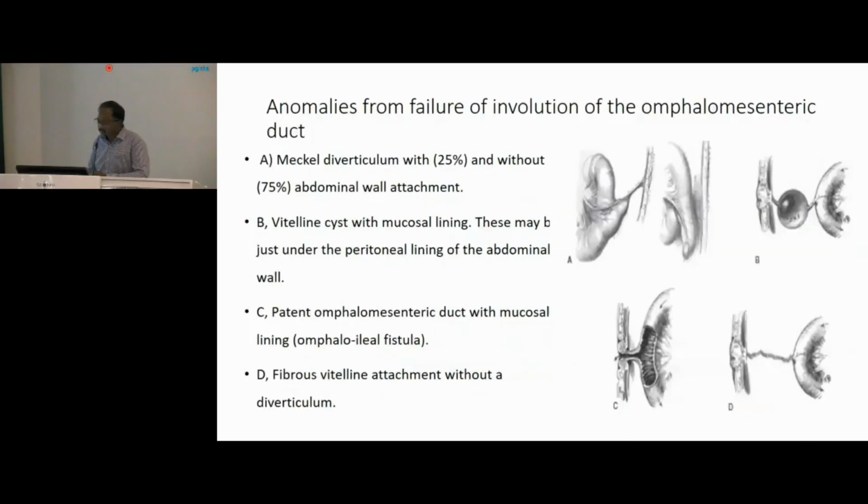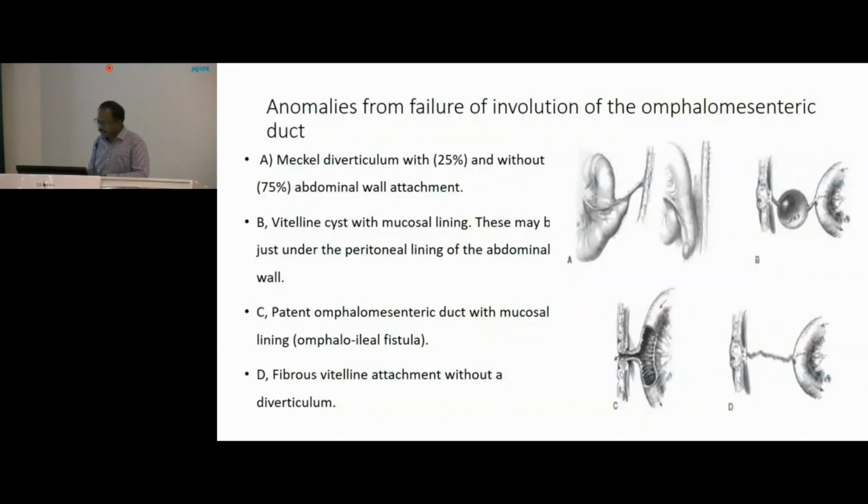So this is briefly about embryology, and coming to the anomalies of failure of involution of the omphalomesenteric duct. So about Meckel's diverticulum, 25% are attached to the abdominal wall, or in 75% of cases it is not attached to the abdominal wall. There can be a vitelline cyst with mucosal lining.